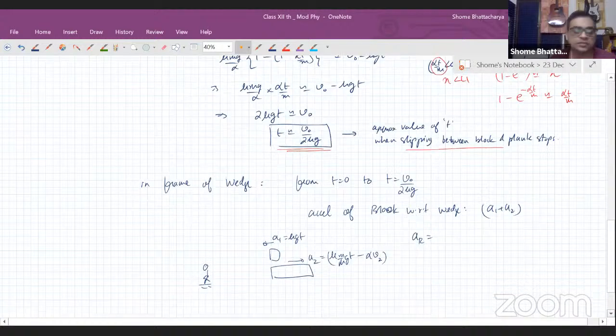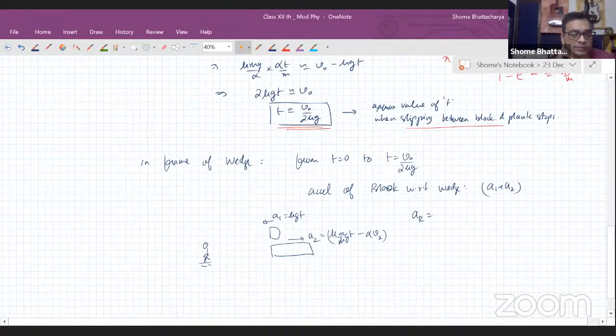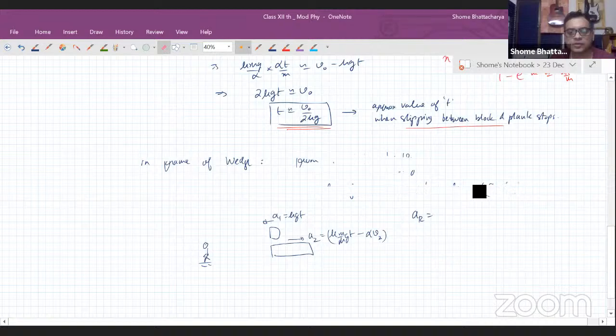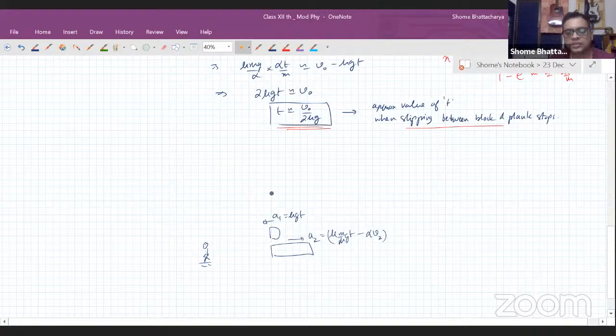So it might actually just be easier to find the individual displacements and subtract them, instead of going into relative motion. Here let's calculate their individual displacements. So if this was the situation at t equal to 0, where this started with v naught, this was at rest.